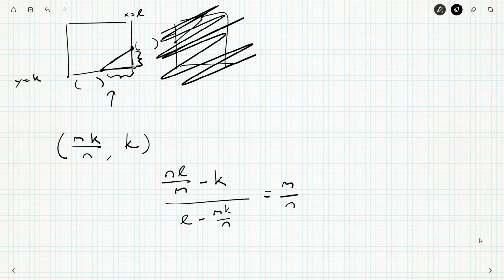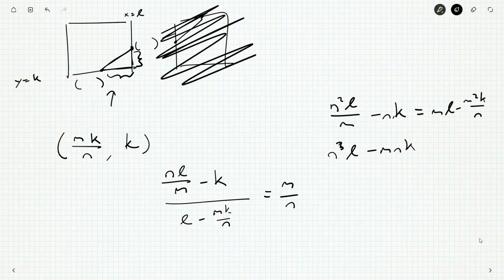This is m over n, so I'll get n squared L over m minus nk has got to be mL minus m squared k over n multiplied by mn, and this is looking not particularly fun. Okay.